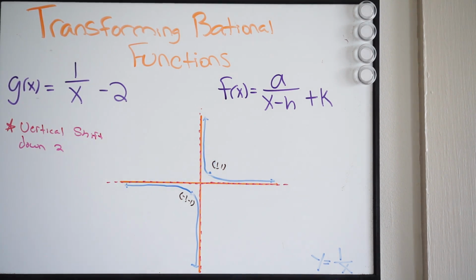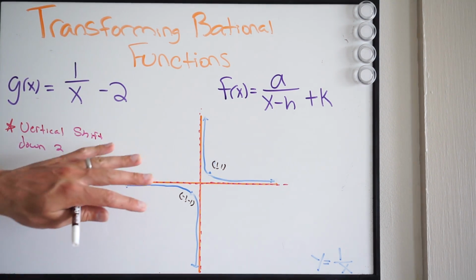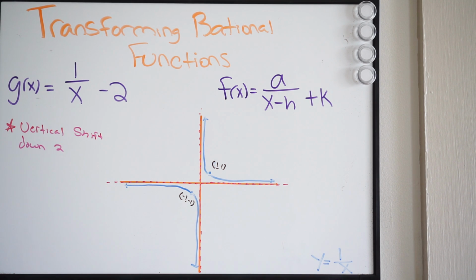And again, just like the previous problem, before we graph this, we first want to put in the vertical and horizontal asymptotes. That will make the graphing process much easier. Looking at our parent function graph, if we do a vertical shift down 2, which asymptote is going to change? Think about it.